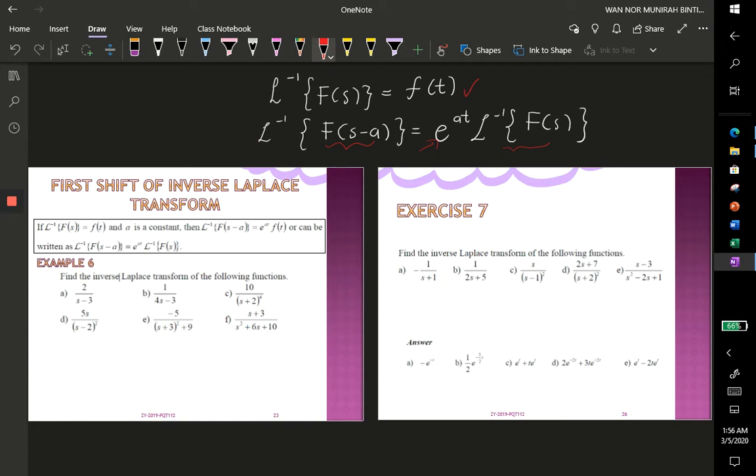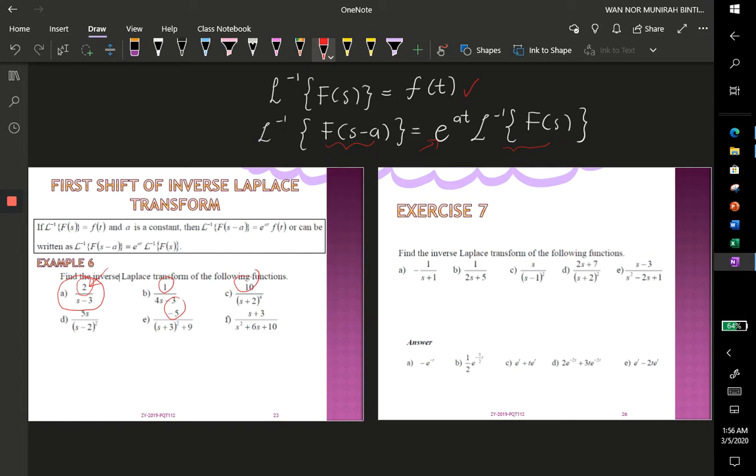If you can remember, previously in the first video, we discussed the numerator. The numerator is just a constant. You see, this is the previous example, right? You notice that the numerator is a constant, a number. So this one is also a number, and another number.